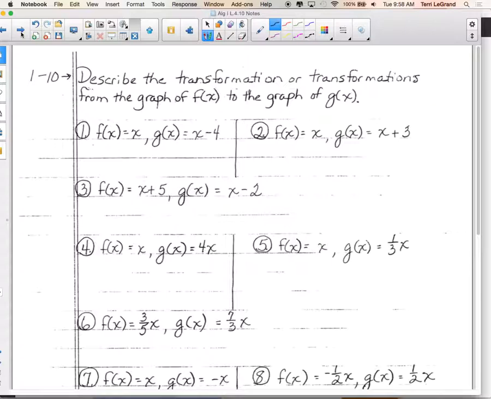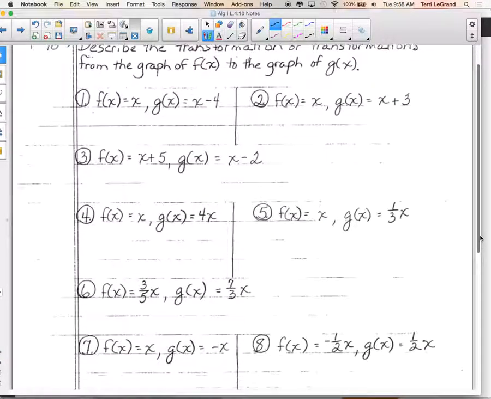Now, g of x is really the same as y. They're saying we have function f, we have function g. We have two different functions. Both of them can be replaced with y's. So we really have here y equals x and y equals x minus 4. So tell me what f of x equals x is again?